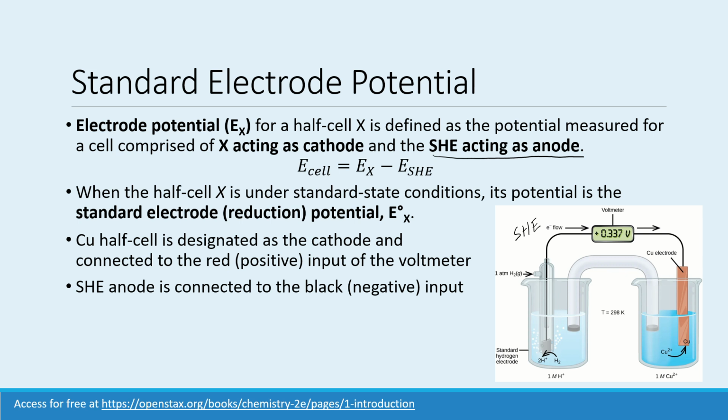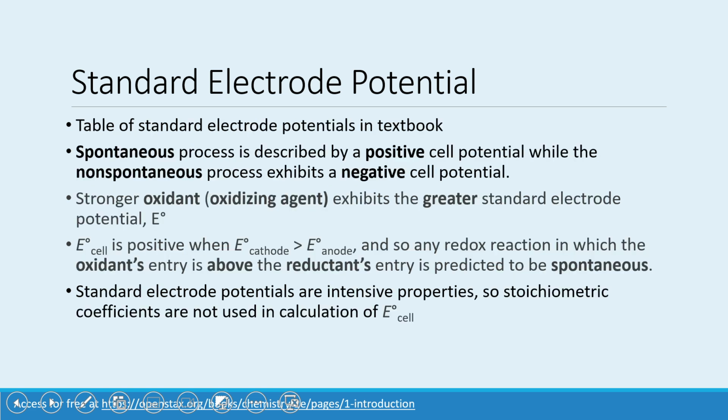And just keep in mind that if you were to ever use a voltmeter, the SHE, the anode, is going to be your black, your negative end, and the reaction of interest is going to be the positive end, or the red side of your voltmeter. So with that SHE, we can calculate a whole list of standard electrode potentials, and you can find that in your textbook or online.